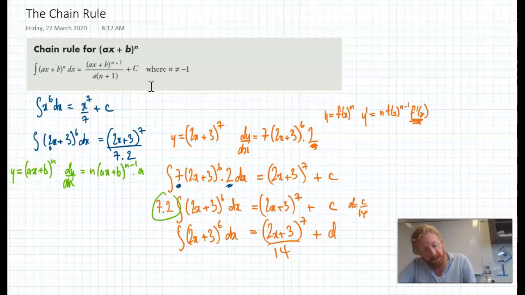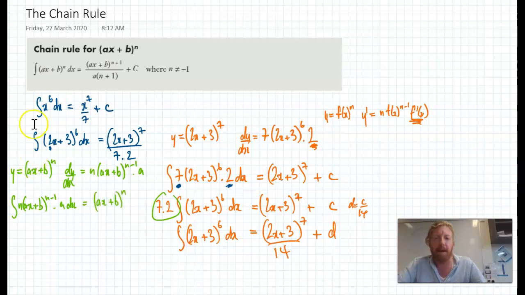The derivative of this is this, so the integral of this is this. The integral of n times (ax plus b) to the n minus 1 times a dx equals (ax plus b) to the n. So we're just writing it backwards. Okay, derivatives, integrals.